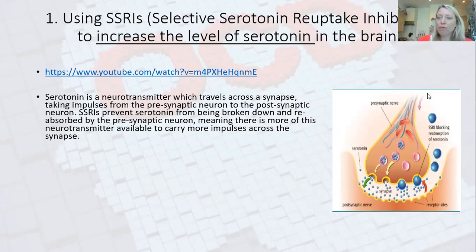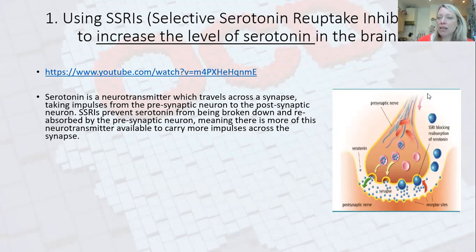So first thing to remember is that serotonin travels down the neuron, the presynaptic neuron. That just means the first neuron before you get to the synapse. So it gets to the end of the neuron, carrying an impulse, a message that needs to go from the presynaptic neuron to the postsynaptic neuron.